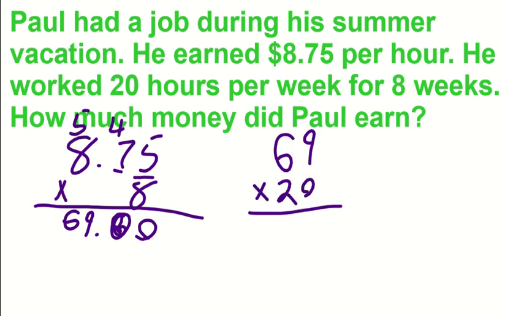So now when I multiply by 20, placeholder, where did I mess up?